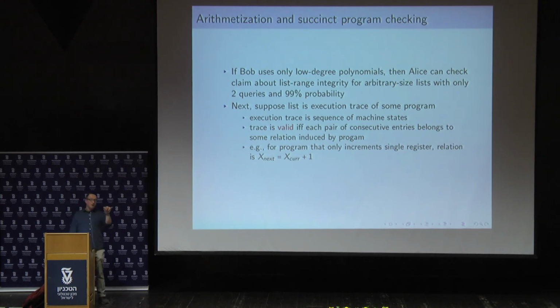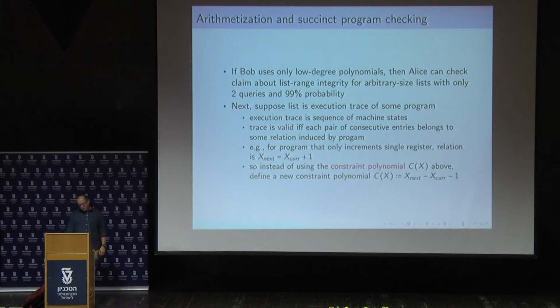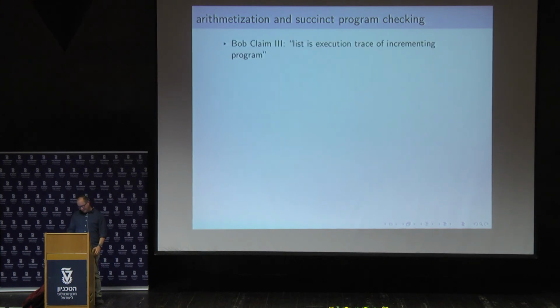There is a constraint that is this very simple polynomial. It checks that the next value is equal to the current value +1, and it corresponds to checking the computational integrity of the program. So instead of using the previous constraint polynomial that only looked at a current state, let's use a different polynomial with two variables that compares the two entries, or the two consecutive states.